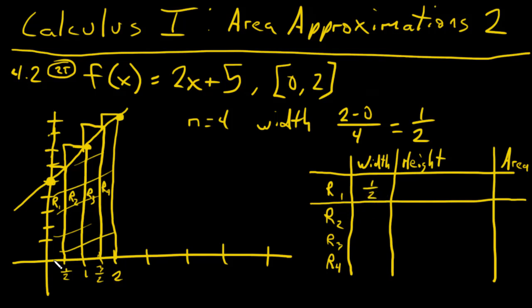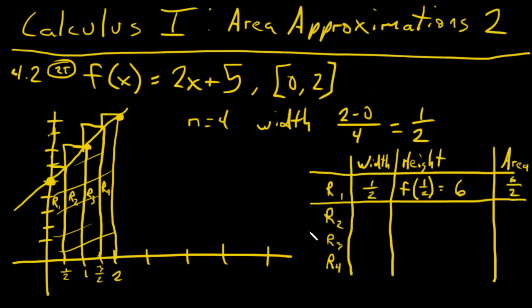And the height is going to be, well, I'm going to feed the right endpoint in. So this is going to be f of 1/2, which is 2 times 1/2, which is 1, plus 5, which is 6. So I get 1/2 times 6, or 6/2.